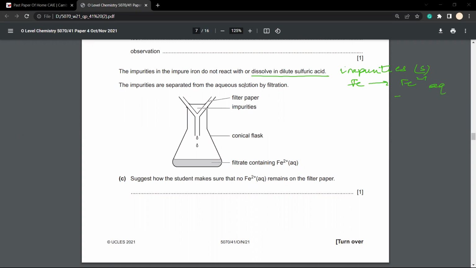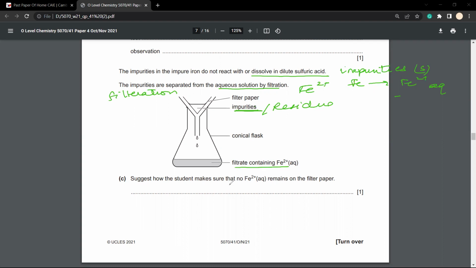Now the impurities are separated from the aqueous solution. The aqueous solution is of iron 2 salt, iron 2 sulfate basically. So from that you will be removing impurities by the process of filtration. On filtering, we will be getting the impurities on the filter paper as a residue, and in the conical flask we'll be getting the filtrate as iron 2 salt solution.